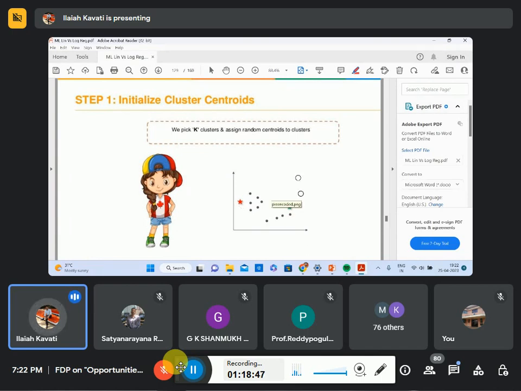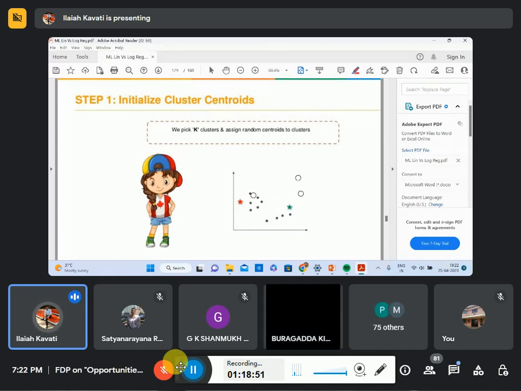Now the second step is to calculate the similarity. For each data point, we check whether this centroid is closer or that centroid is closer, because we chose them randomly. How can we check the closeness? We use some distances.